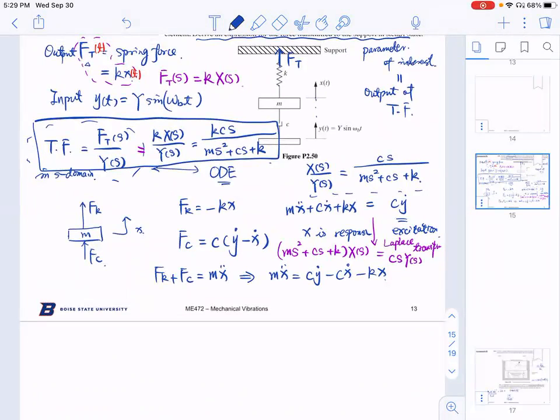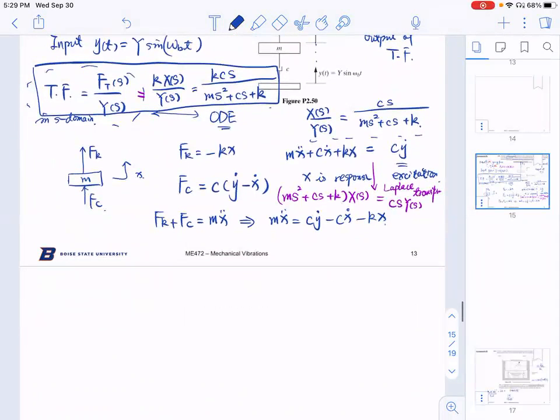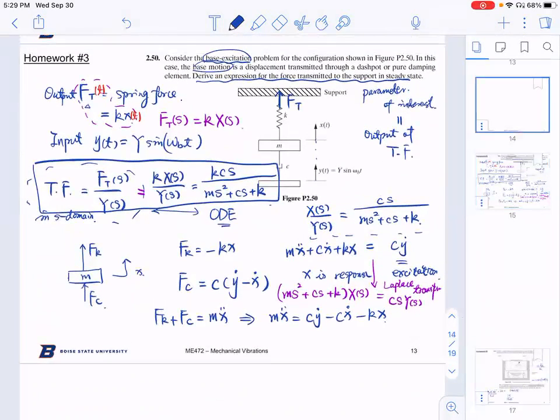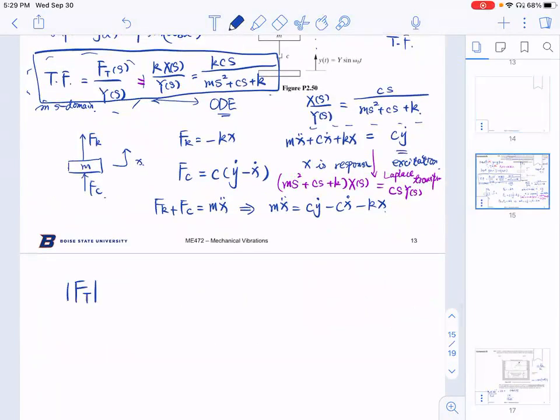All right, so once you have the transfer function and your input is harmonic excitation, your steady-state output is relatively easy. Here, you only ask how much force is transmitted, which means only the amplitude is of interest. Remember that the amplitude of Ft over the amplitude of y is the amplitude of your transfer function.